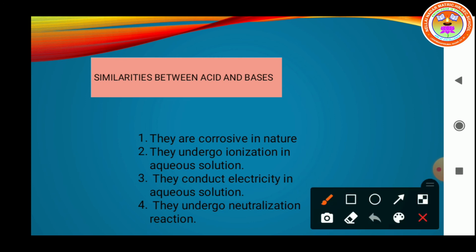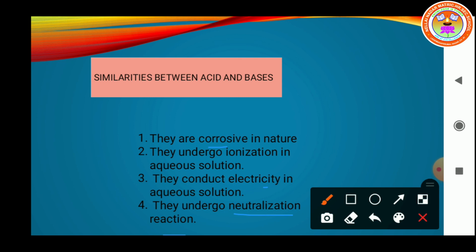The first one is they are corrosive in nature. The second property is they undergo ionization in aqueous solution. The third property is they conduct electricity in aqueous solution. The last one is they undergo neutralization reaction, the acid-base reaction.